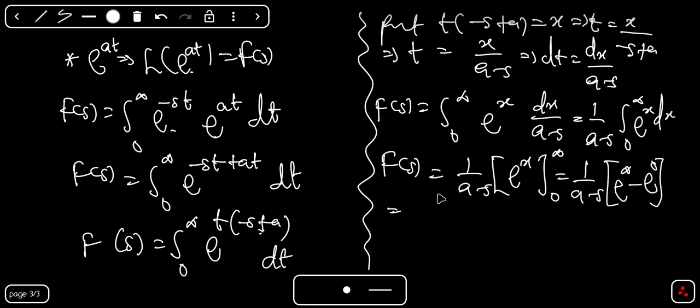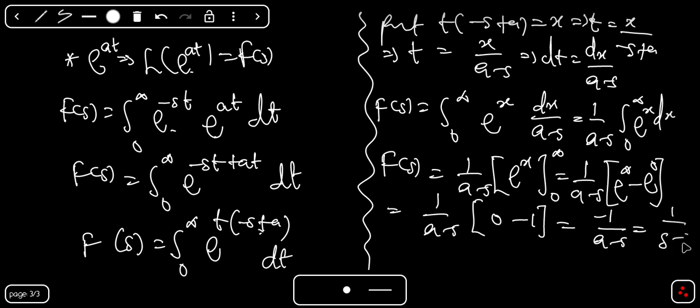So we have 1 over (a minus s) times (0 minus 1). And 0 minus 1 will give us minus 1. So we have minus 1 over (a minus s), which is also equal to 1 over (s minus a). Therefore, the Laplace transform of e raised to the power of at equals 1 over (s minus a).